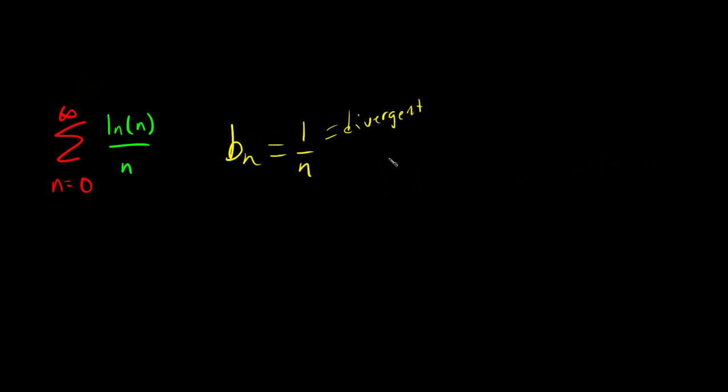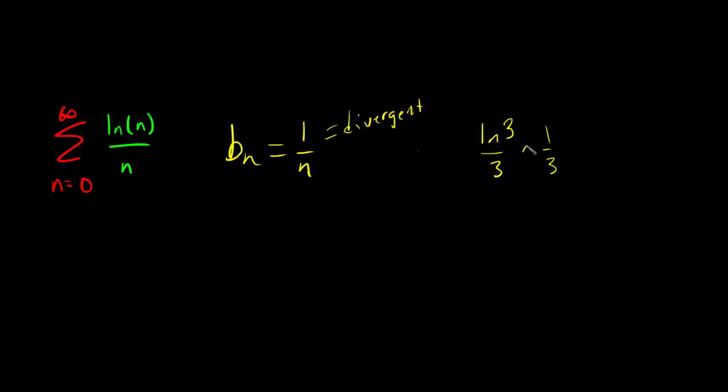So because this is divergent and it is smaller than, let me check. Yeah, because ln of n is greater than 1 over n for all values except, let me think, ln of 3 over 3 and then 1 over 3. Yeah.